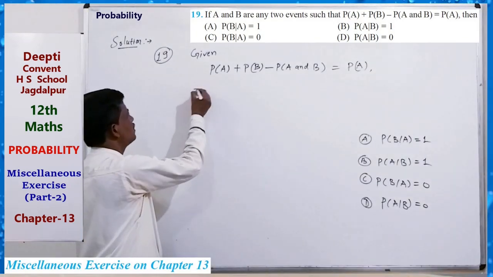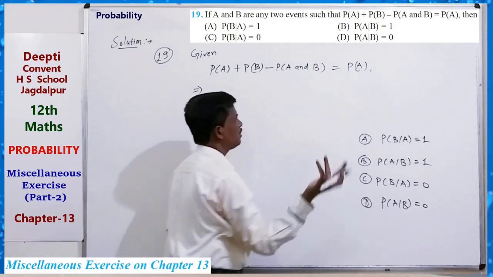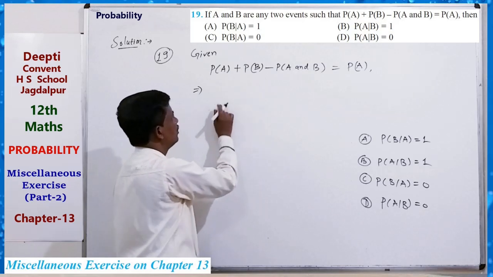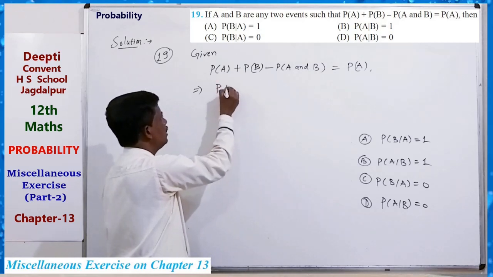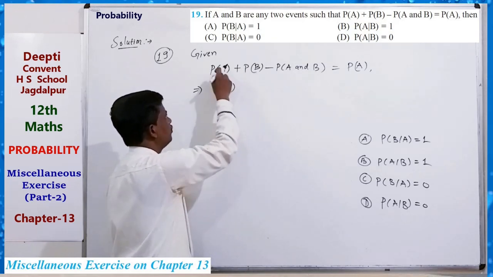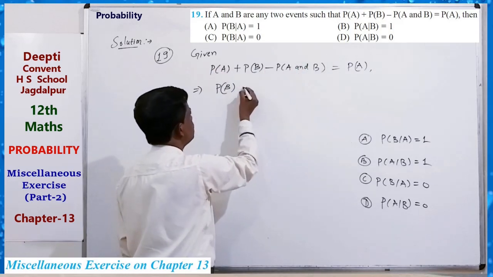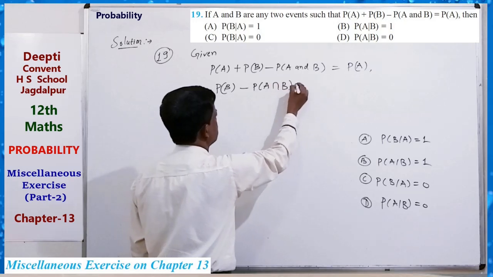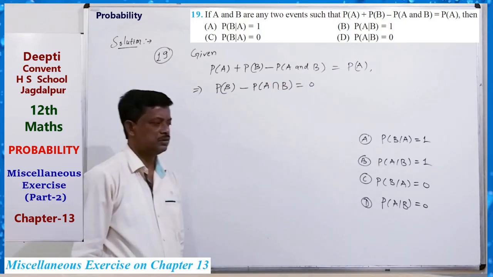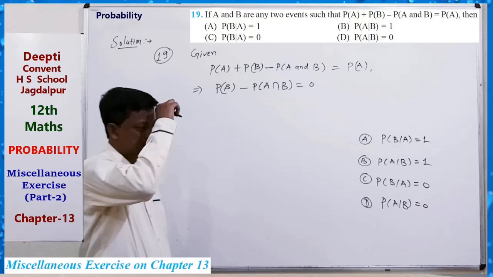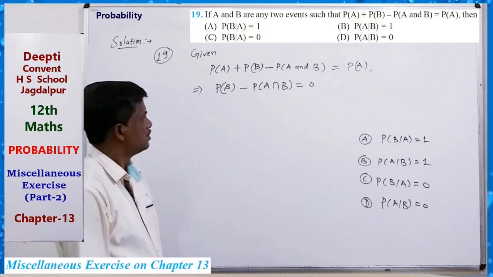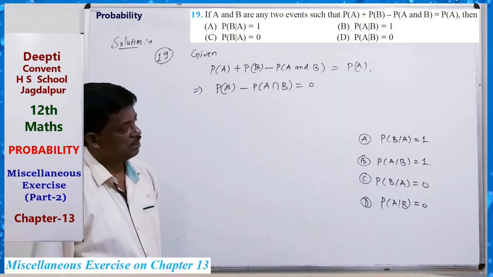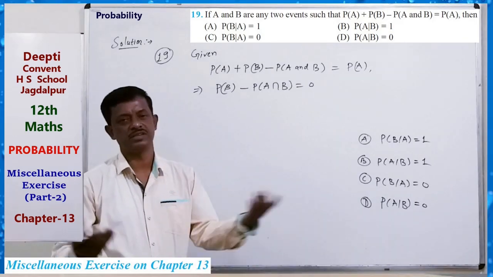Here, P(A) will be cancelled, very simple. So P(B) minus P(A intersection B) equals 0. We can write it like this. Now we have to test for conditional probability.